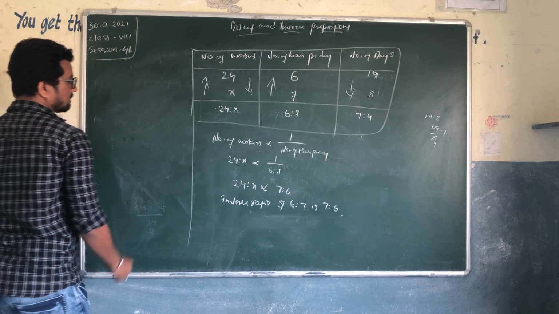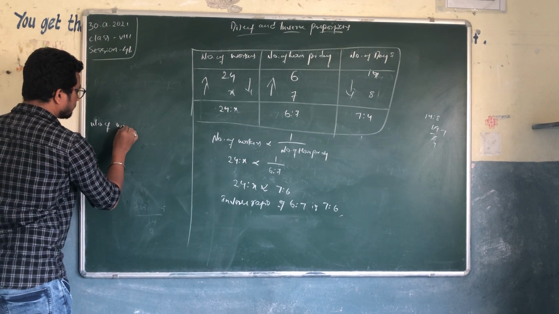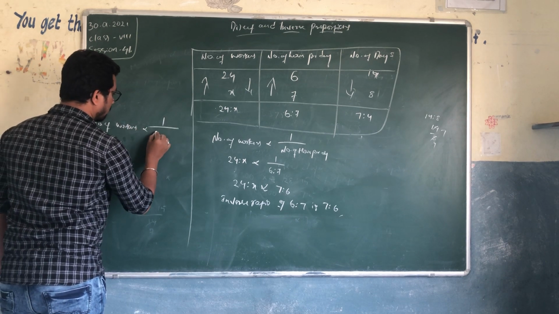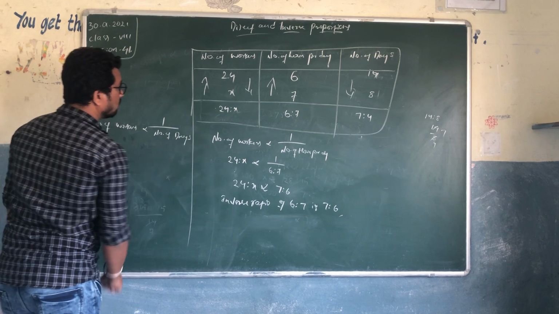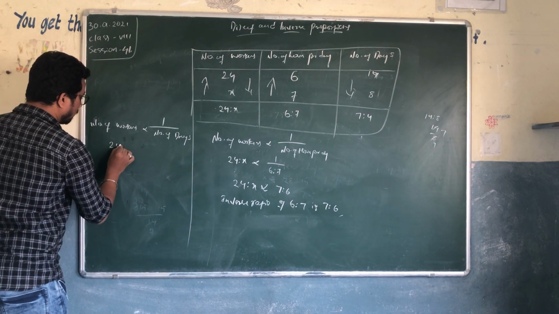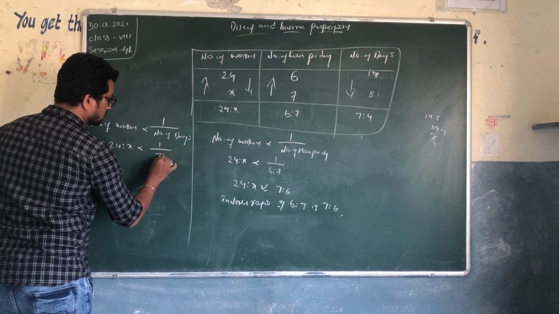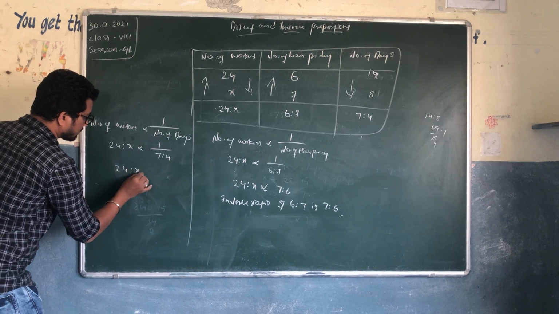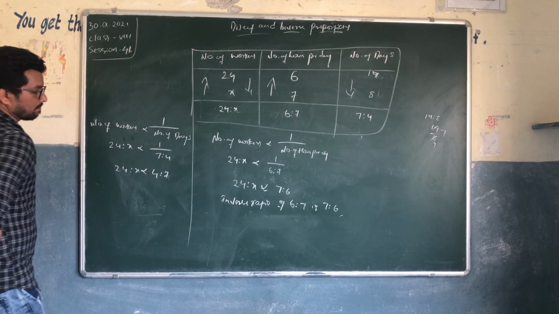Number of workers is directly proportional to 1 by number of days, right? So again, 24 is to x is directly proportional to 1 by 7 is to 4, which means 24 is to x is directly proportional to 4 is to 7, right?